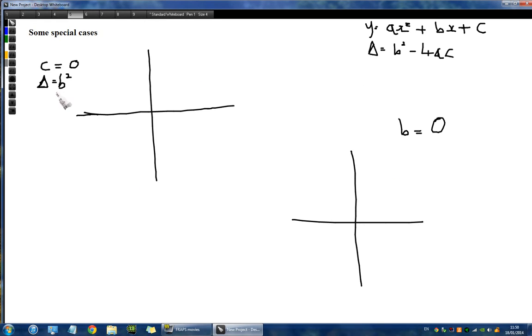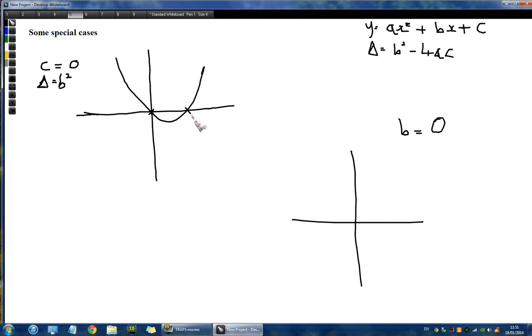So if c is ever equal to 0 and b is non-zero, your graph will always have 2 real roots. Now, the other thing is if c is 0, your y-intercept is also equal to 0. So one of my roots is the point 0, 0.